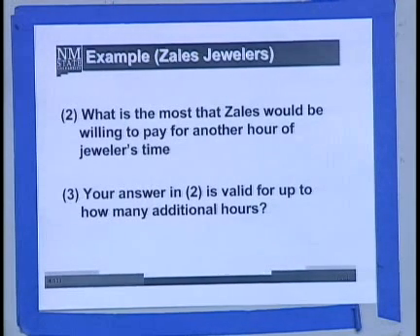That value is valid for up to how many additional hours? So to answer this question, what information do you need to look at? Allowable right-hand side ranges, right?